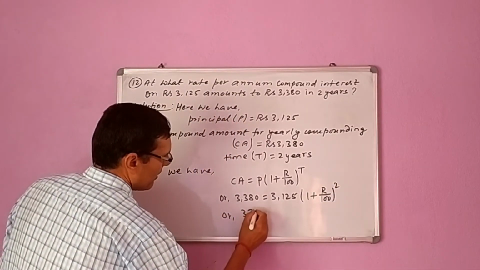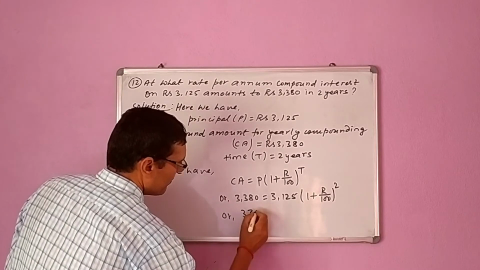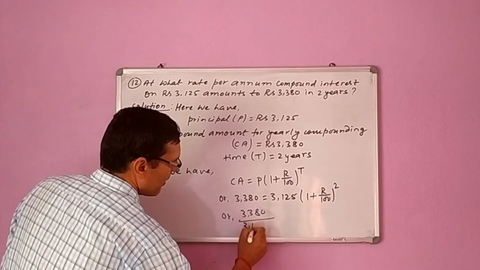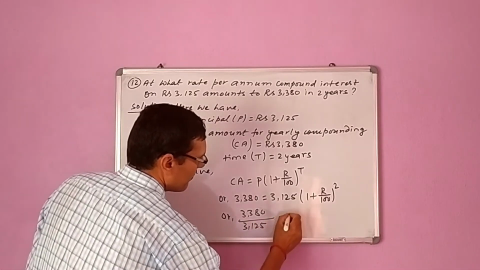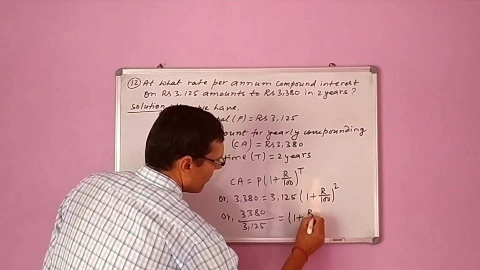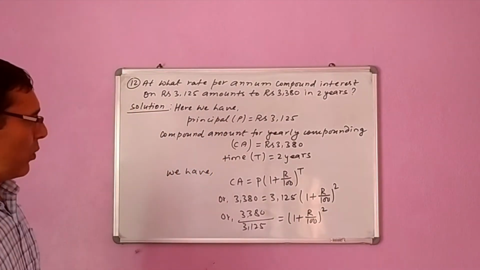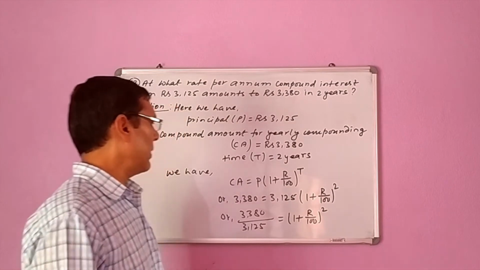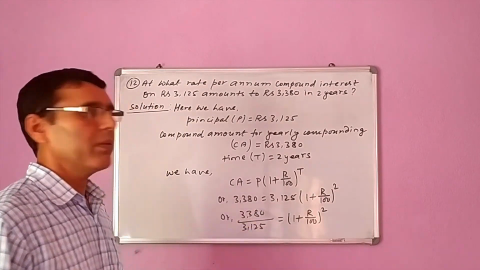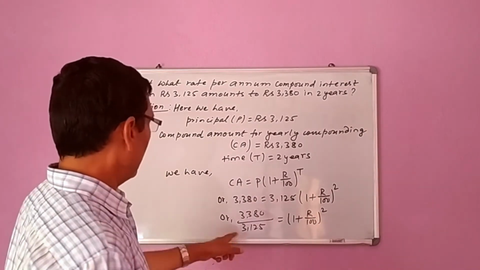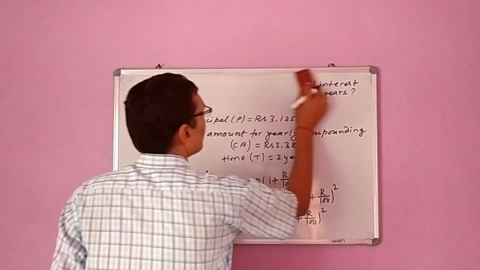So 3,380 divided by 3,125 is equal to 1 plus R upon 100 to the power T. The value of T is 2 here. When this 3,125 is brought, it goes to divide the left hand side. So what do we get here?